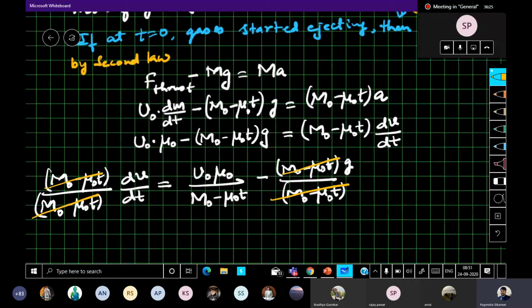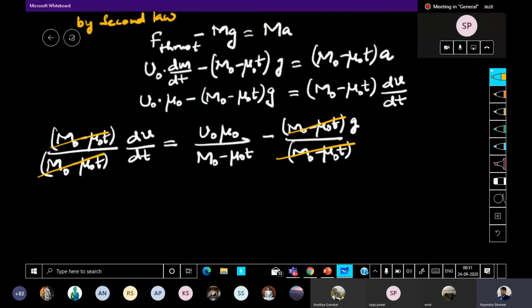So what equation is left with us? dv by dt is equal to u naught mu naught upon m naught minus mu naught t, minus g. What we are trying to find is the velocity of the rocket at any time t.